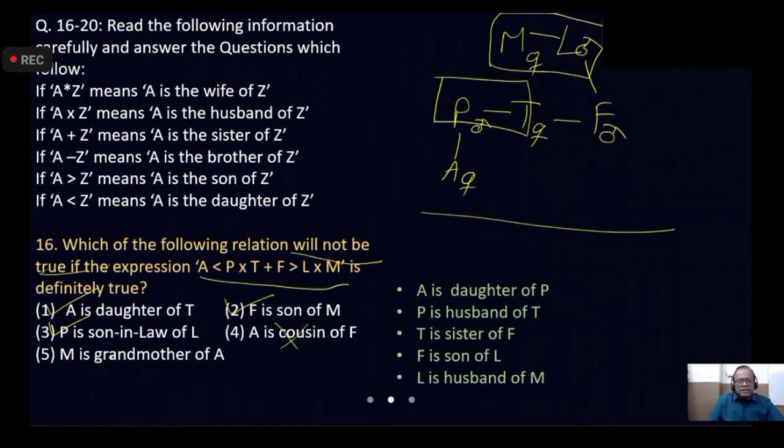Check even the 5th one also. M is grandmother of A. A is here. A's mother is T and mother's mother is M. So M is grandmother of A. It is true. So what is not true? 4. So 4 will be the answer for this particular question.